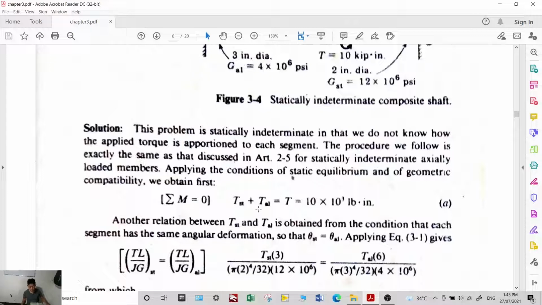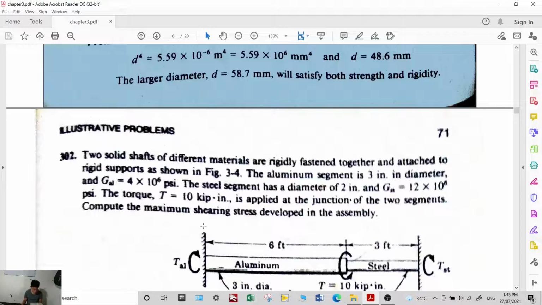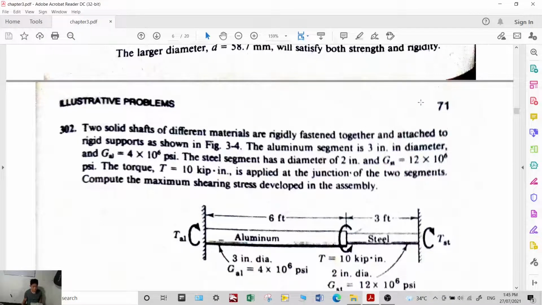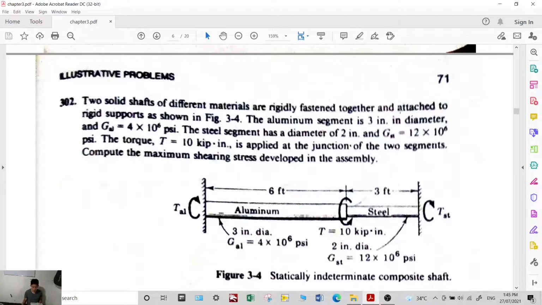Another relation between the steel and aluminum torque is obtained from the condition that each segment has the same angular deformation. It is not explicitly stated, but it says rigidly fastened together. Rigidly means it acts as a single material and does not change in shape.